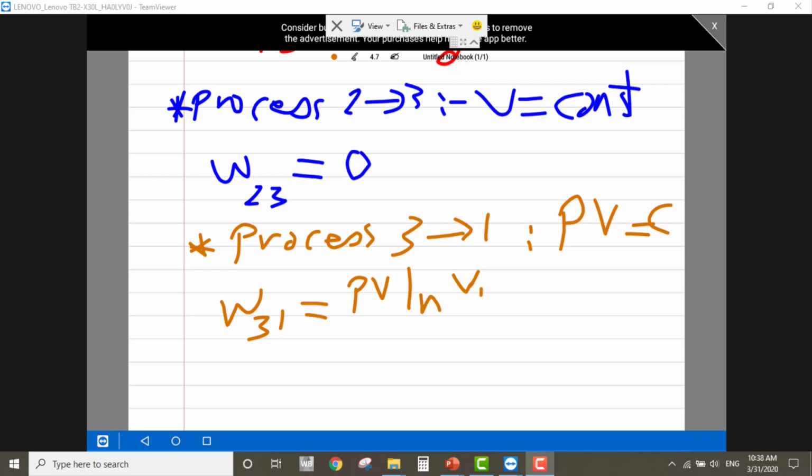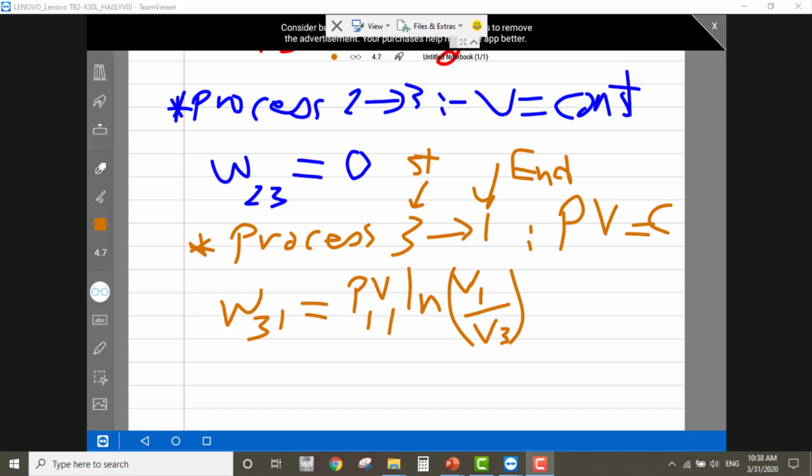Yes, V1 is the final state divided by initial state V3. Because this is initial state and this is end state. And here I can write anything, either 3 3 or 1 1. So I write 1 1. Okay, so be careful.